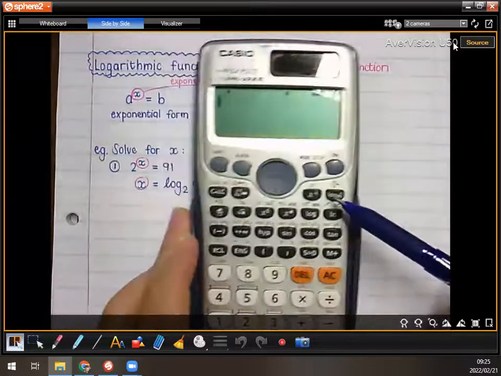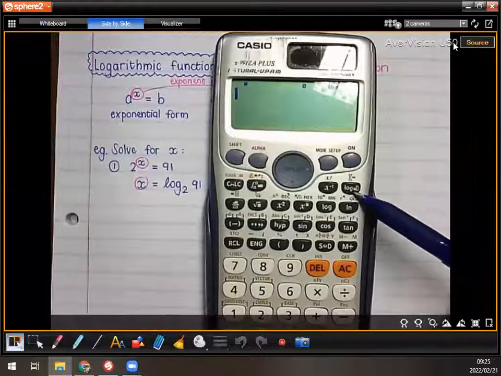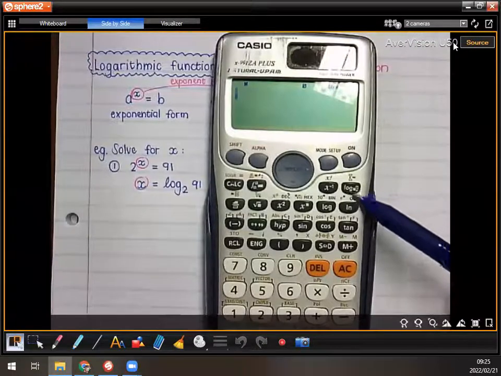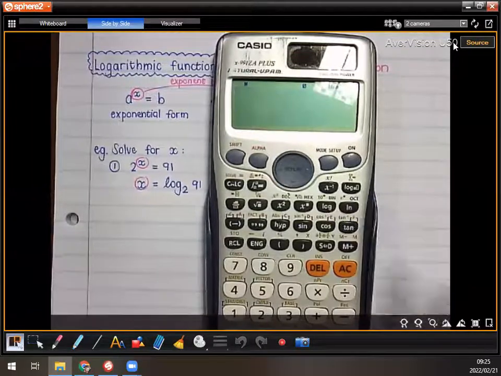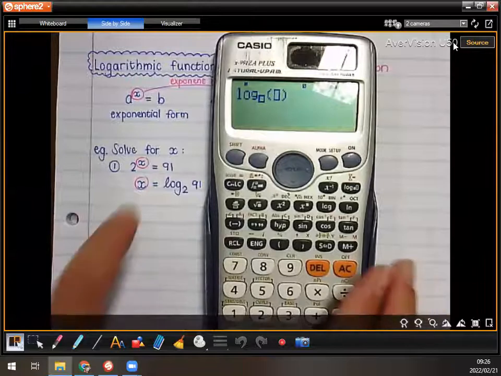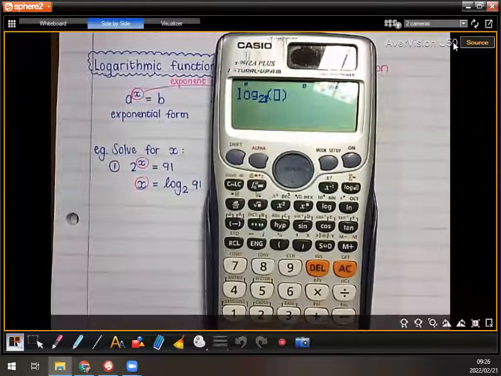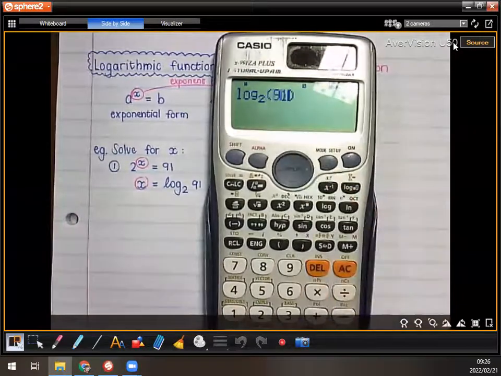All right, you should see that button over there, right? Log with 2 blocks next to it. There is also another log button with no blocks. We're not going to use that one. We use the log button with the 2 blocks. And obviously, for the first one, we're going to type in 2 and then 91.